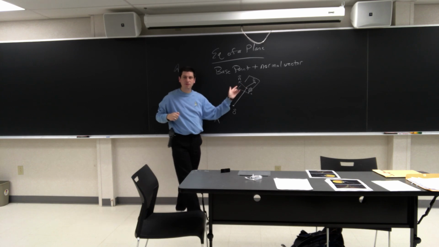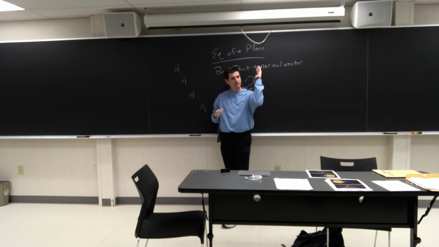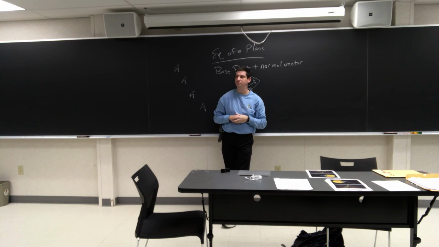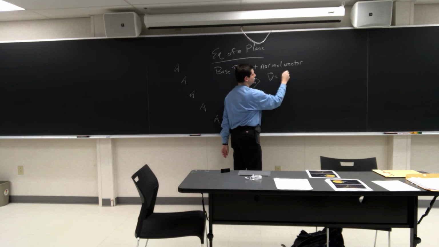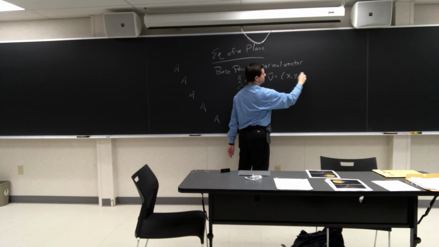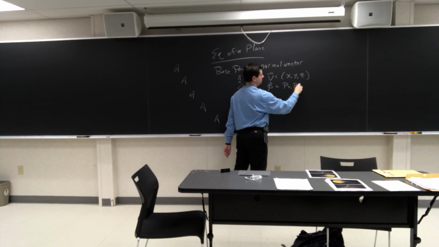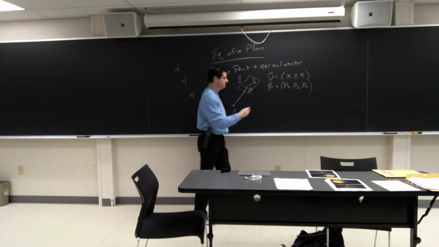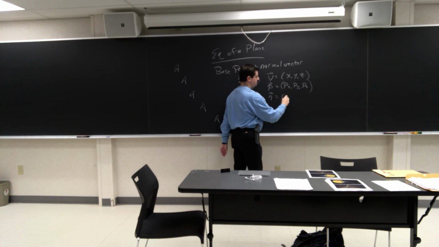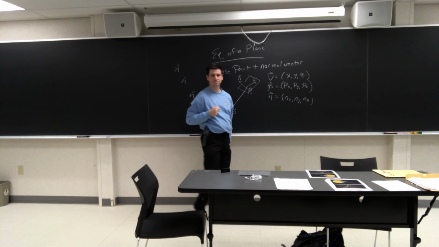And if you think about how many directions we have, 3 directions. If I have to be perpendicular to this direction, that leaves me a 2-dimensional space, that's going to leave a plane. So let's say v has coordinates x, y, z. Let's say P has coordinates px, py, pz. And let's say N has coordinates nx, ny, and nz.